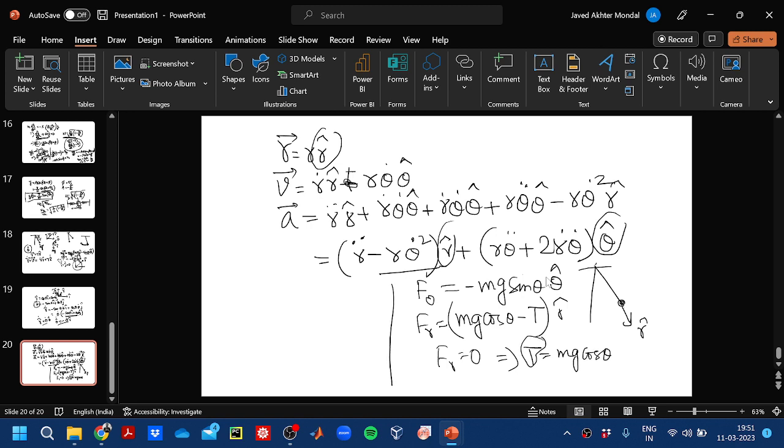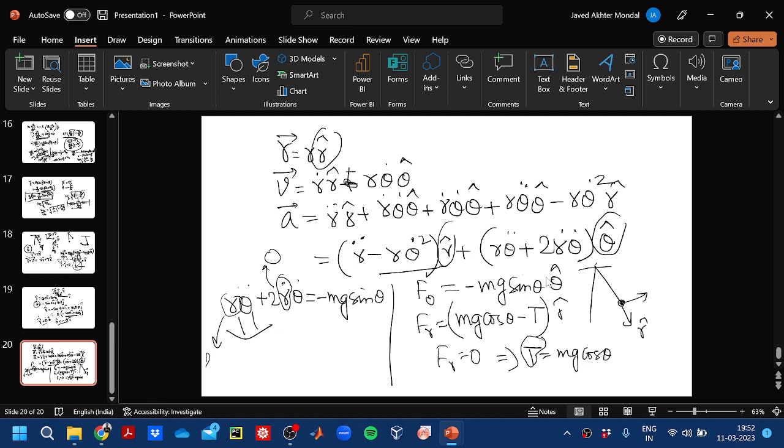Now in the theta cap direction, what is the equation of motion? We have this acceleration term, r theta double dot plus 2 r dot theta dot, equal to minus mg sine theta. Now we are assuming that the length is not changing. This implies that the rate of change of r will be 0. So this r dot is 0, and the value of r is the length of the thread.